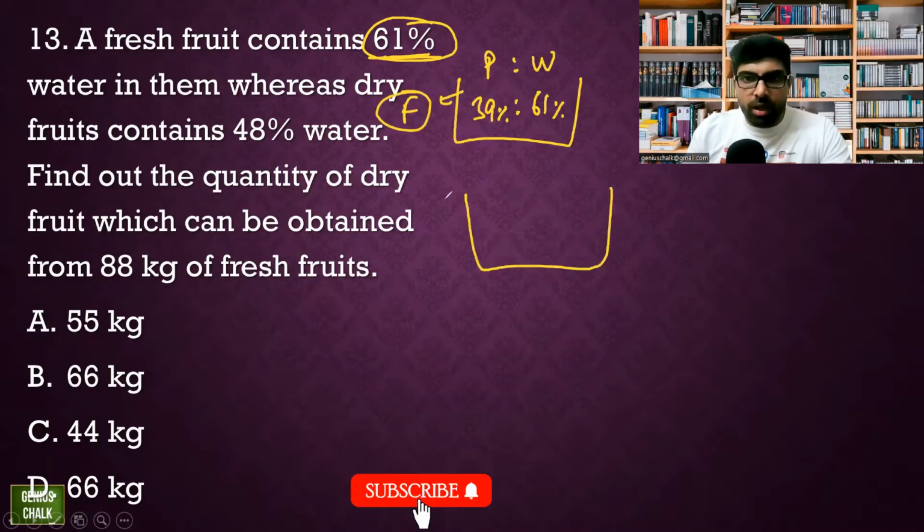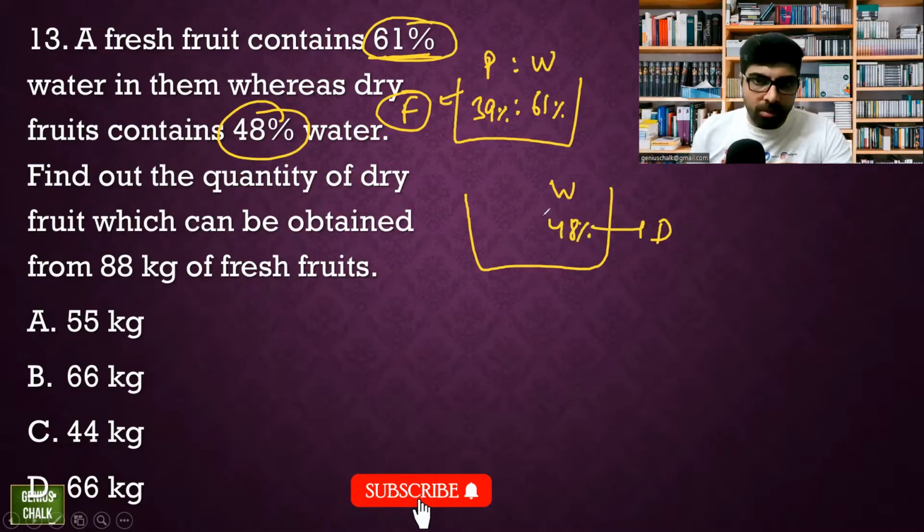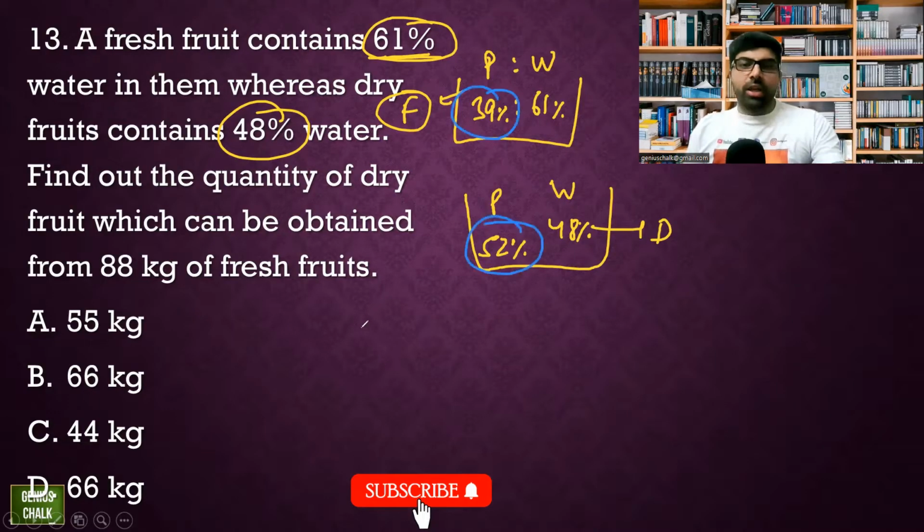If you talk about dry fruits, it's 48% water, because the fruit is kept for some time, that's why it has become dry. So pulp is 52%. Okay, now what we need to do is make this pulp the same, because whether it is dry fruit or fresh fruit, the quantity of pulp has to be the same, right?